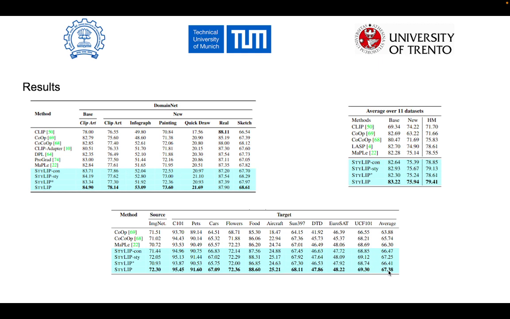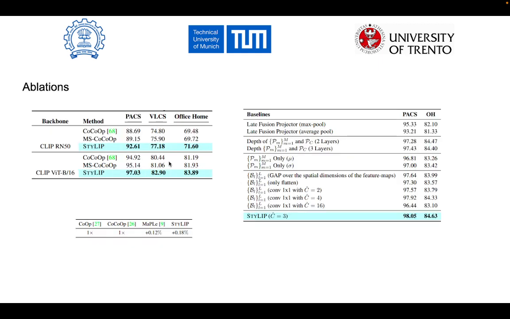These are the ablation results for STYLIP, where we took CoCoOp and modified it for multi-scale features. We see that multi-scale features are certainly helpful for the domain generalization task, but STYLIP still shows better results than MS-CoCoOp and its other components.